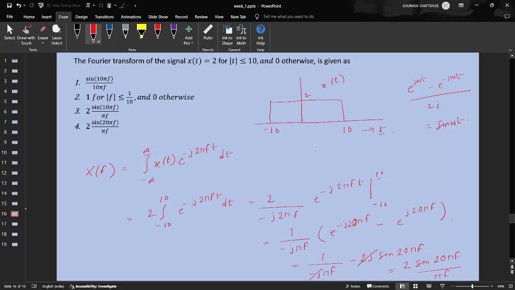So this kind of pulse in the time domain has its corresponding Fourier transform given as 2 sine 20 pi f by pi f. So the answer stops here, that is the fourth one, but there is one more point I would like to emphasize.